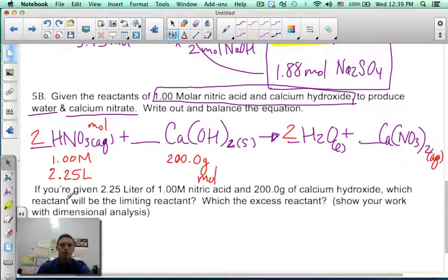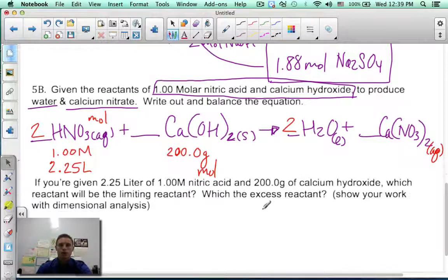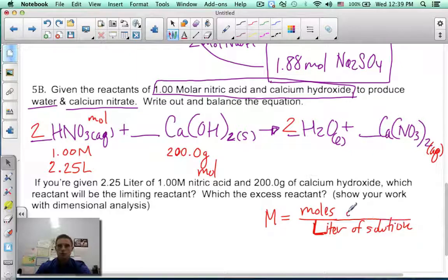What I'm going to do is tell you something really quick. What this capital M means, it means moles per liter. That's an L. Per liter of solution. And this is moles of solvent.